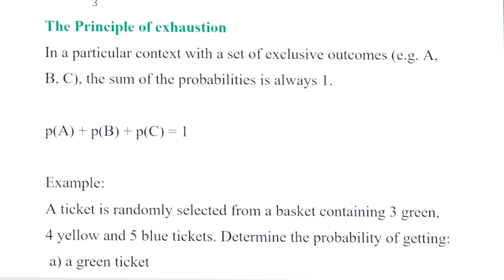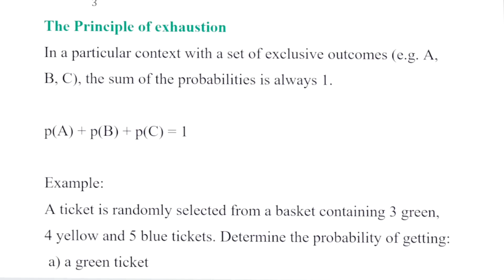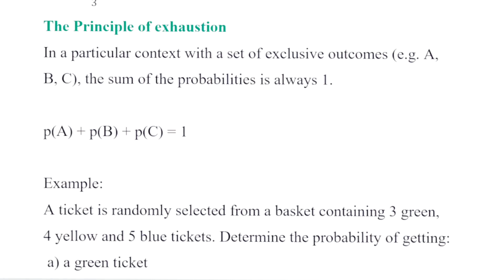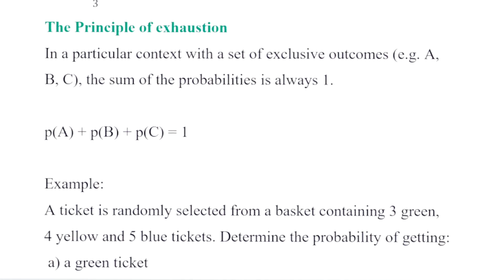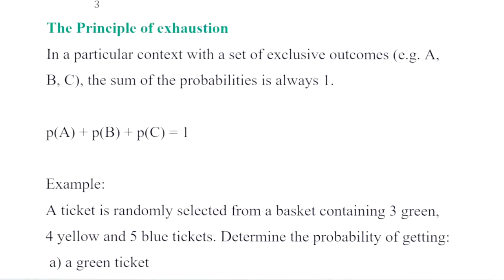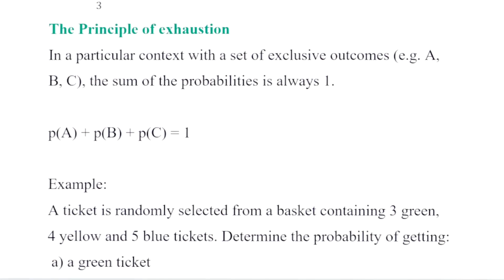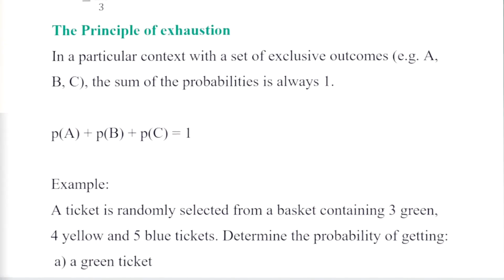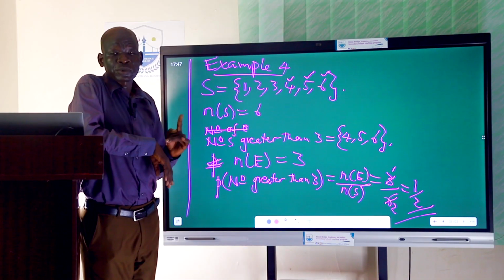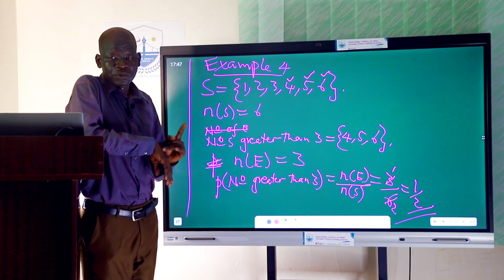We don't have any probability that is greater than 1. The highest probability that we can get is 1, and the lowest is equal to 0. So the probability of a certain event is equal to 1, and the probability of any impossible event is equal to 0.